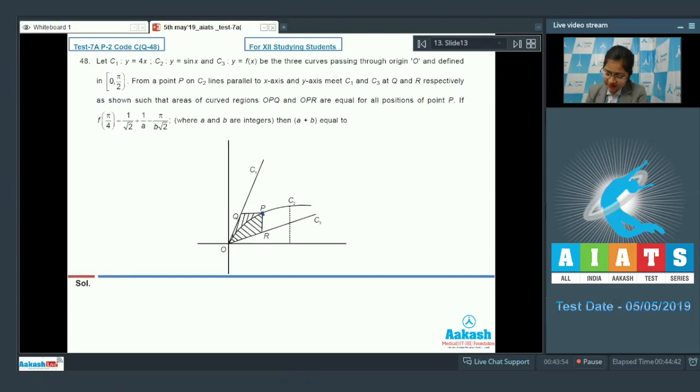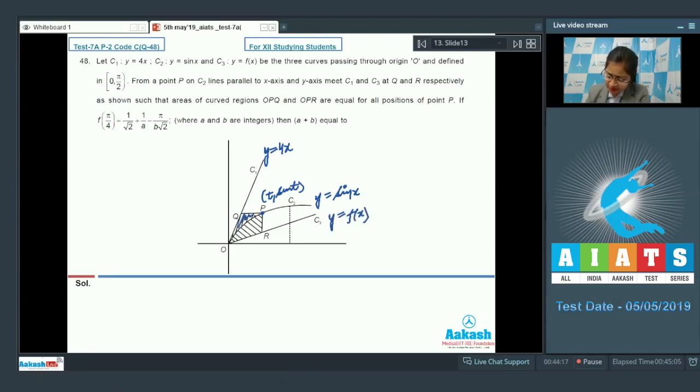Now here let us take the point P. As the curve C2 is y equal to sin x, so the point that can be taken on P is (t, sin t). And the curve C1 is y equal to 4x, and C3 is y equal to f(x).